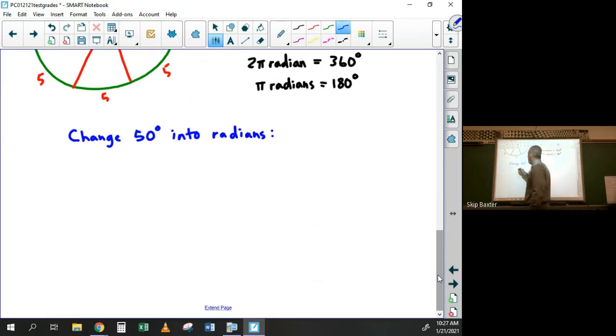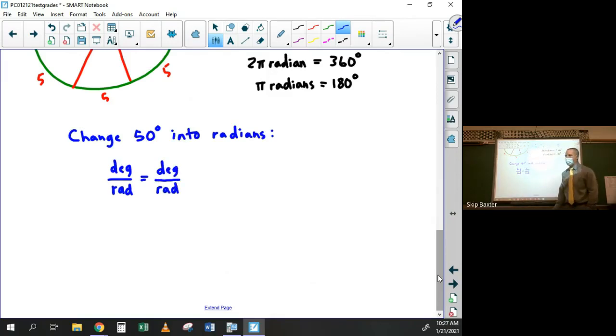I could say degrees is to radians, that's degrees is to radians. Do a proportion like that. I know that there's 180 degrees in pi radians, and I want to know how many radians there are in 50 degrees. So this is 50 degrees over x radians.